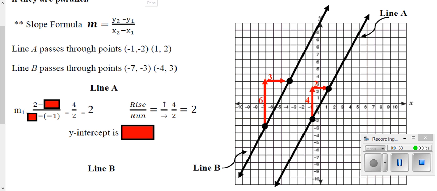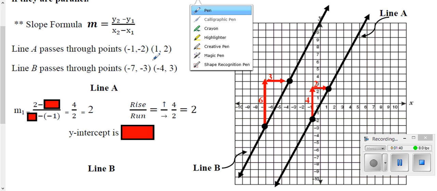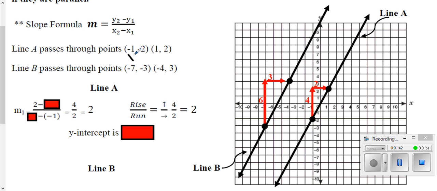So remember, if you're using the slope formula, you can label those points x1 and y1. These are the ones, x1 and y1. These are the twos. And so they put that in the formula in this first one for line A. We got, of course, y2, which is 2, minus y1, which is -2.